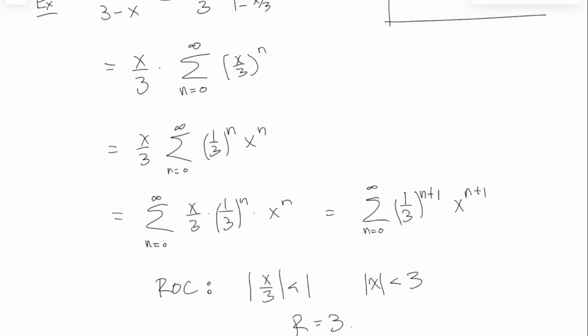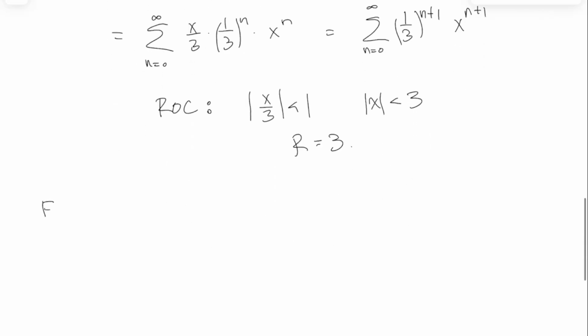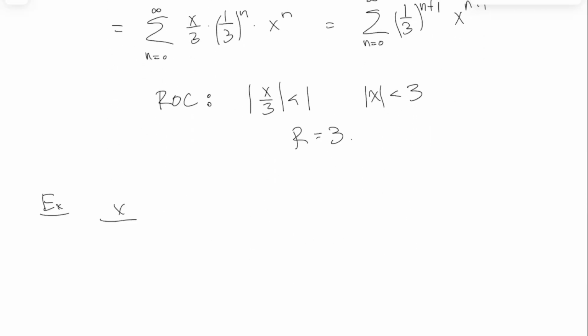All right, one more. Same old simple tricks. This one looks a little bit more interesting just because of the way it works out. How about x over 1 minus 2x squared? All right, this time we don't have to do anything to get a 1 in the bottom, so I like that. And we can just factor out the single x into the front and then say this is 1 over 1 minus 2x squared.